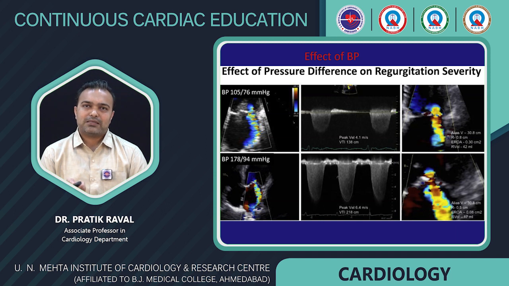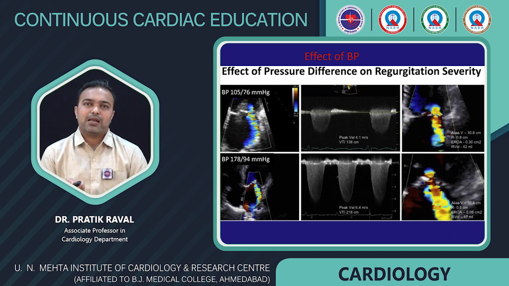So this emphasizes that the higher the blood pressure, the higher the overestimation of MR severity just by looking at the color flow. So in this case, one should always look for volumetric parameters.